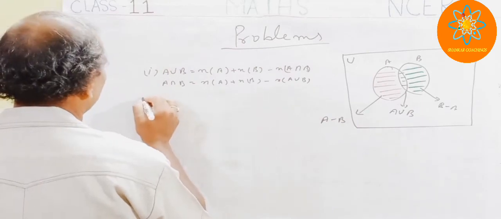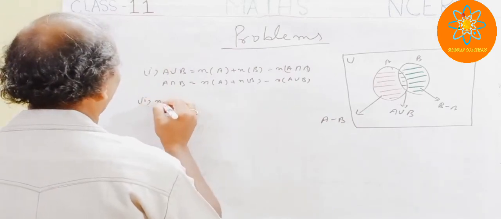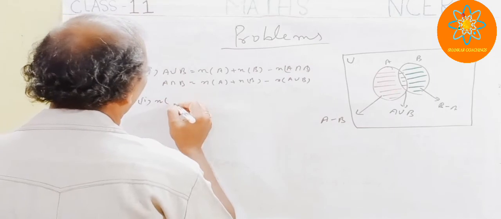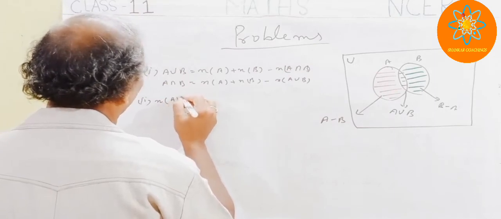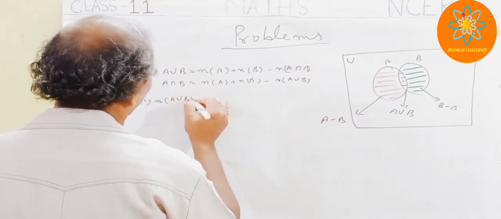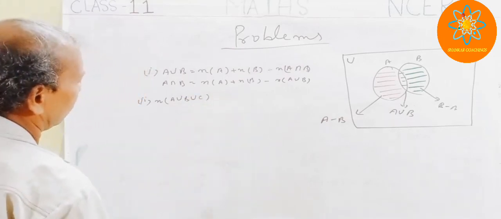And another one is that suppose we have n(A union B union C). So this is equal to how much?